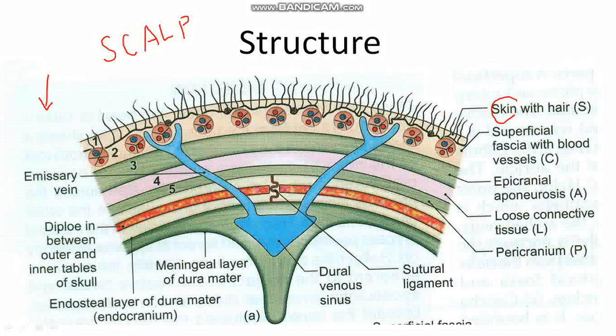Moving deeper is the connective tissue or subcutaneous tissue. Then the epicranial aponeurosis, which is also known as the galea aponeurotica.